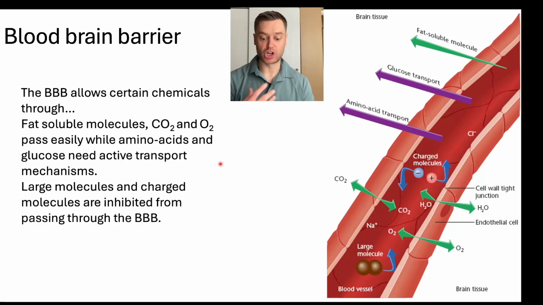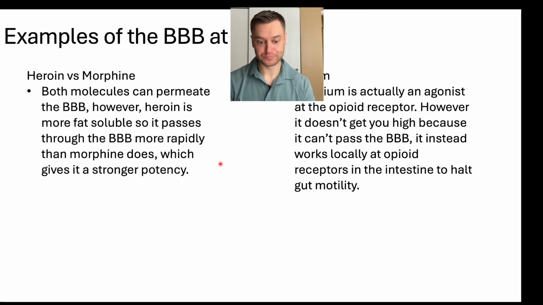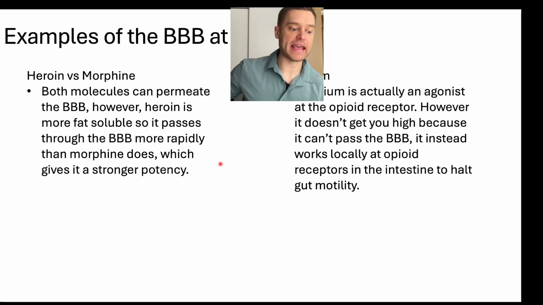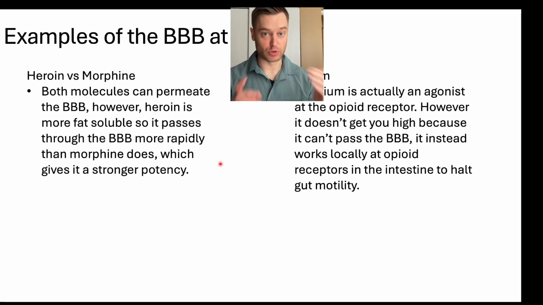Large molecules are going to be certain types of drugs, and charged molecules also are going to be certain types of drugs and chemicals. Here are some examples of how the blood-brain barrier is working. Heroin versus morphine. Heroin is a drug that, once it's in the brain, turns into morphine.